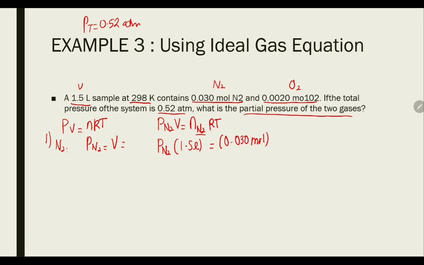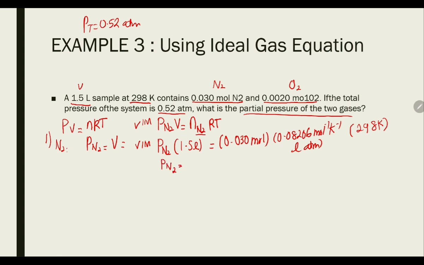R is a constant, which is 0.08206 L atm per mole per Kelvin. The temperature is already stated in Kelvin, so you just need to substitute into the formula. The first mark is always for writing the formula, the second mark is your substitution, and finally you get the answer.